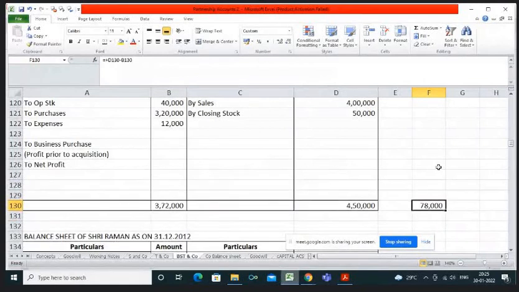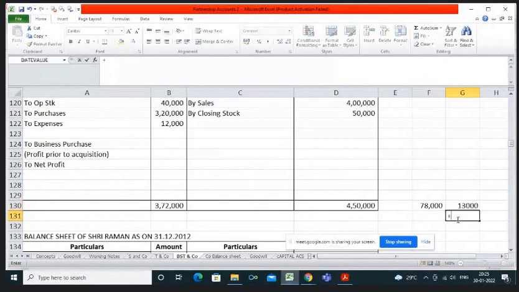Now, what is the profit the proprietor has made from 1st April to 31st December? Then we need to deduct the first 3 months profit. First 3 months profit, we have already worked out, it is 13,000. So what is the profit that belongs to the proprietor? 78 minus 13, it is 65,000. So net profit for the period is only 65,000 from the point of view of the proprietor.